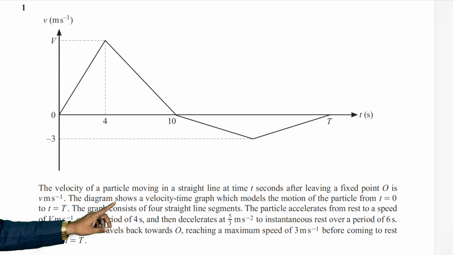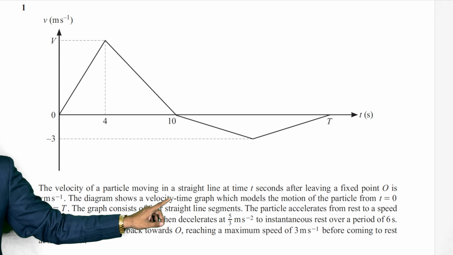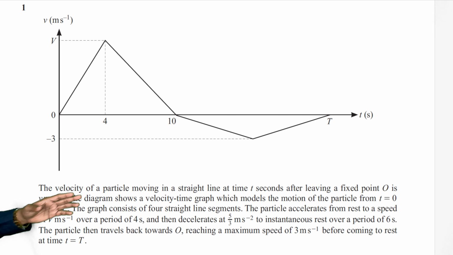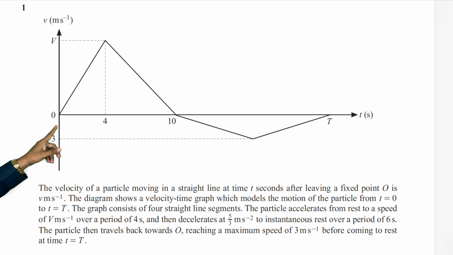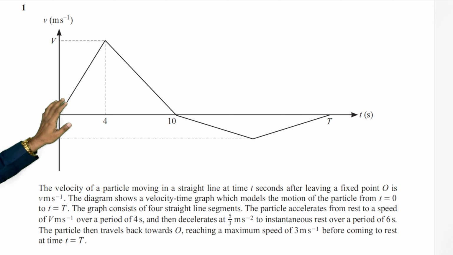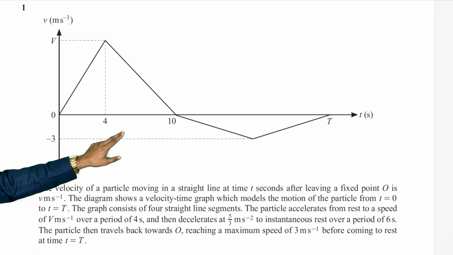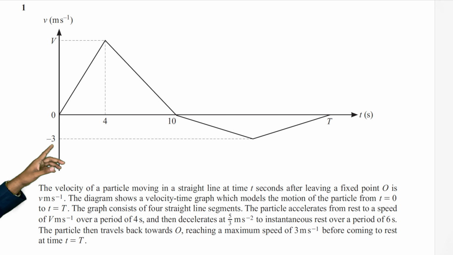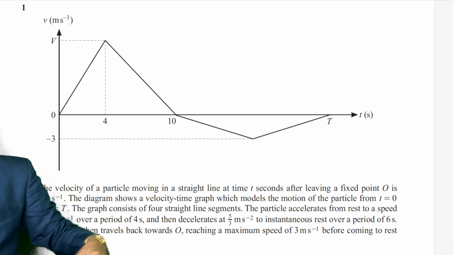The velocity of a particle moving in a straight line at a time t seconds after leaving the fixed point O is v meters per second. The diagram shows a velocity-time graph which models the motion of the particle starting from time 0 and going till t, right?